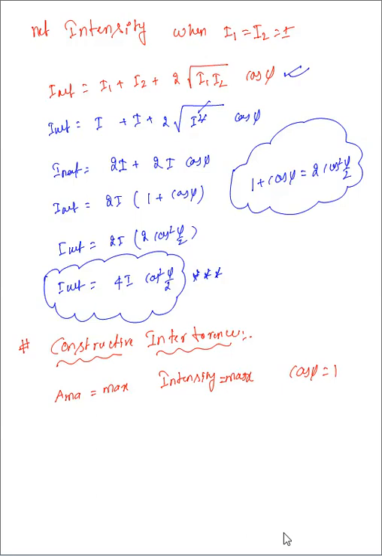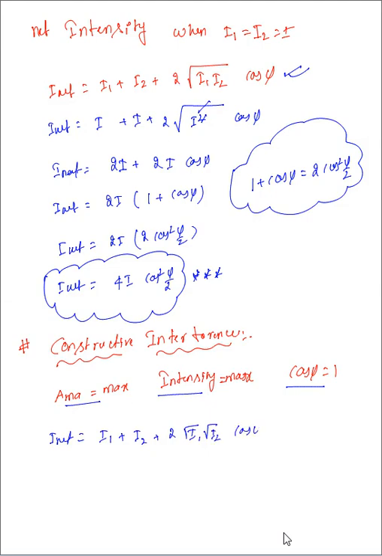In constructive interference, amplitude is maximum, intensity is maximum, and cos phi is 1. Let me take I net equal to I1 plus I2 plus 2 into under root I1 under root I2 cos phi.